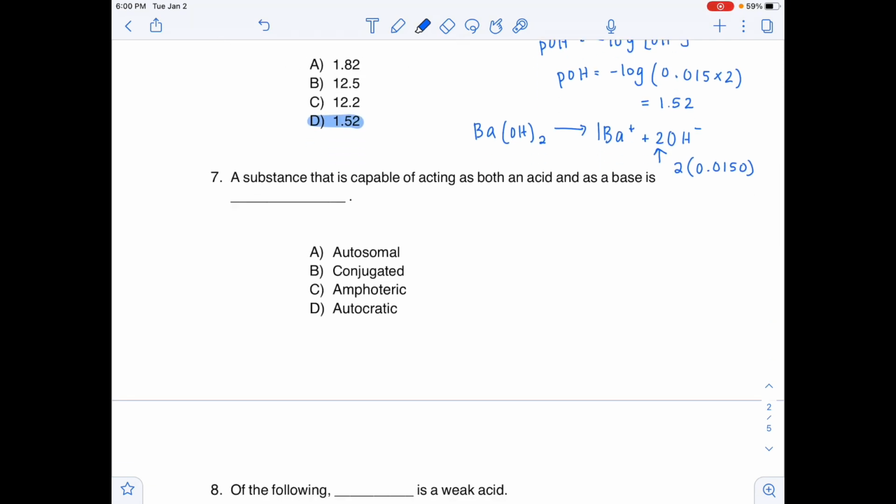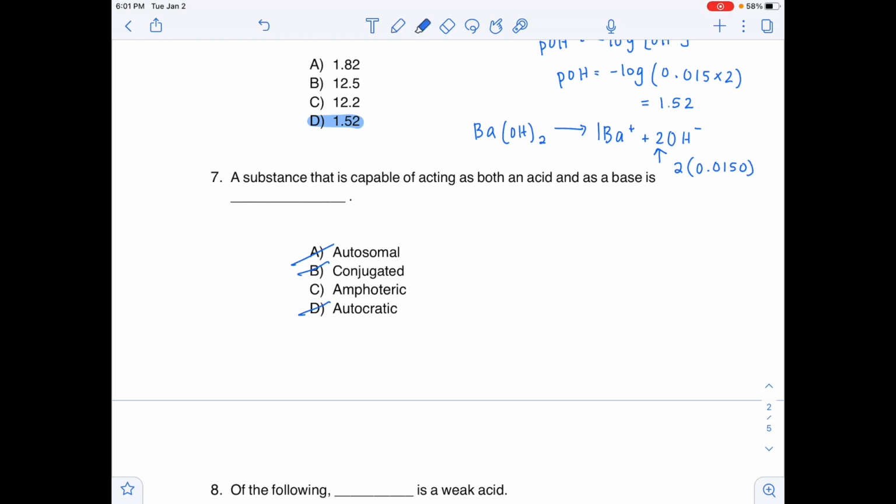For 7, it says a substance that is capable of acting as both an acid and as a base is what? So when we look at our answer choices, we can eliminate autosomal because that has nothing to do with this. Conjugated has nothing to do with a substance capable of acting as an acid and a base.